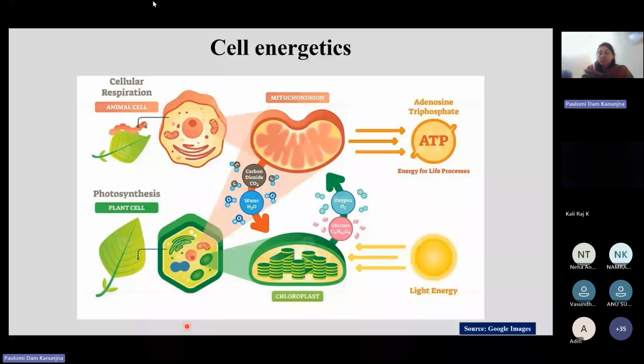When you talk about cell energetics, you're basically trying to explain where the cell is deriving the energy that is required for all the different processes it does, right? This energy is required for chemical reactions, for transports and mechanical work, and the currency here is ATP.